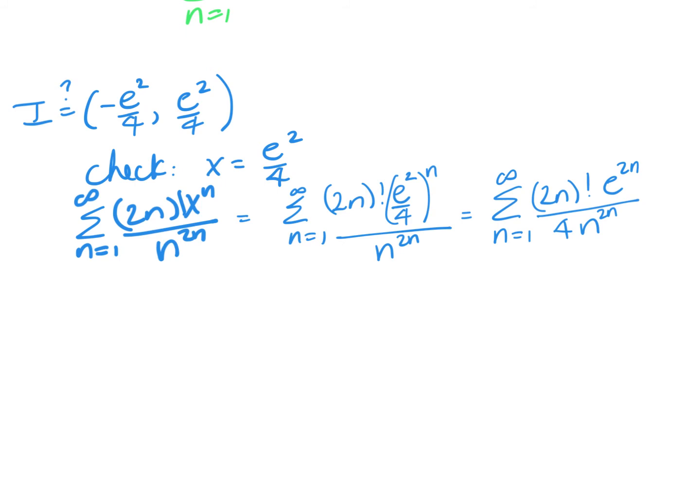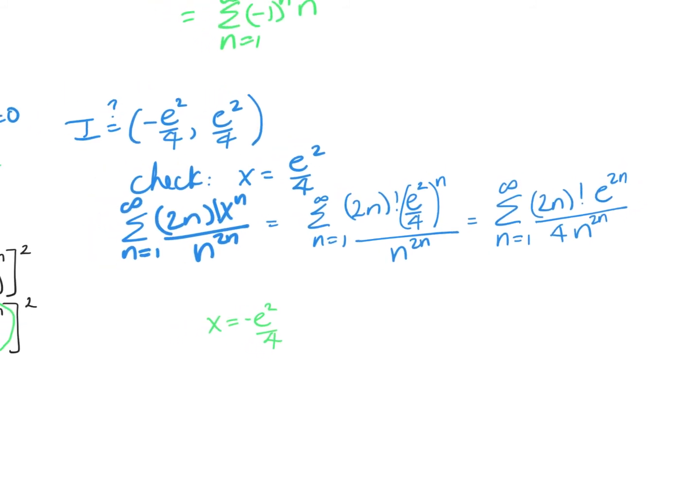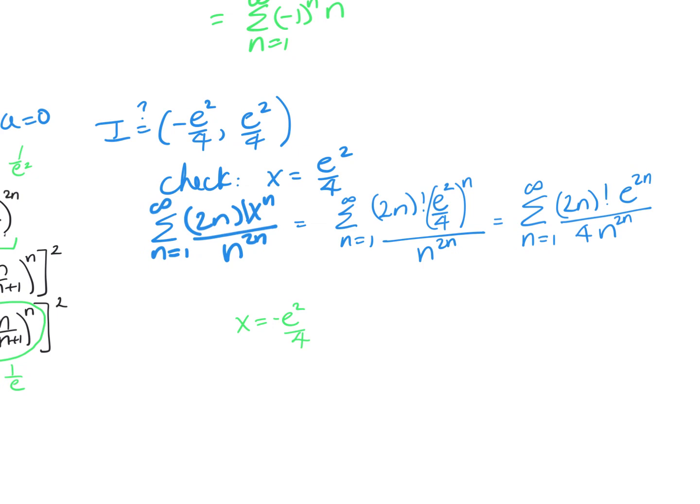And then I'd use the skills that I learned in my chapter 5 to determine whether or not that is inclusive. I'd also check x is equal to negative e squared over 4. So you would have to check both of those to see if they converge to determine whether or not we will turn these into inclusive for the interval or not.